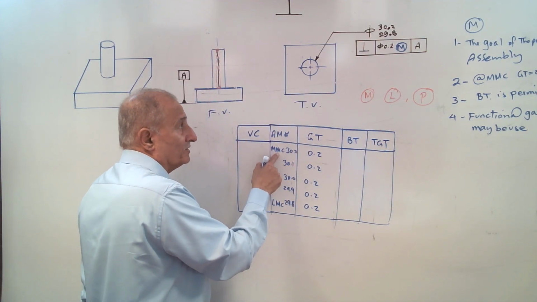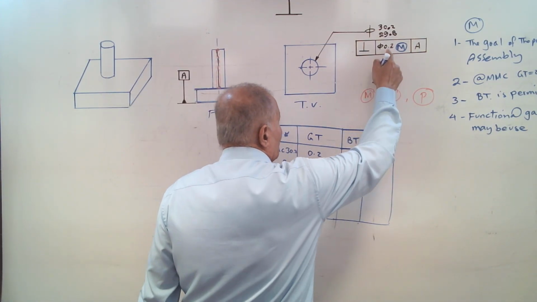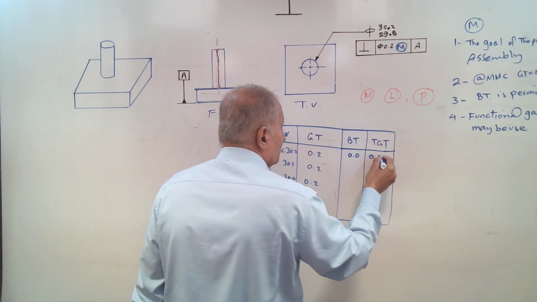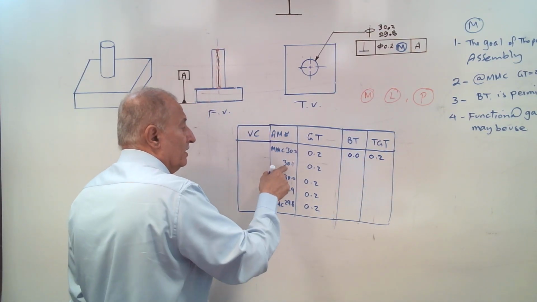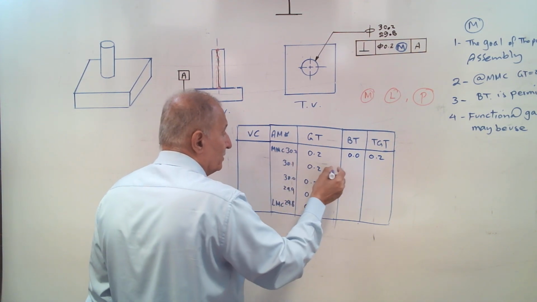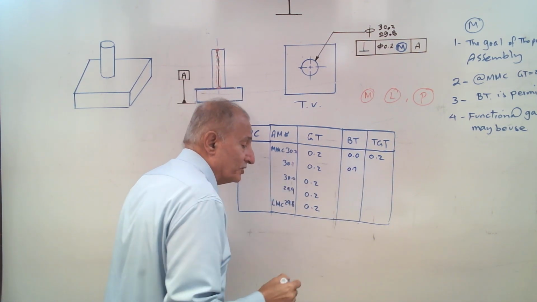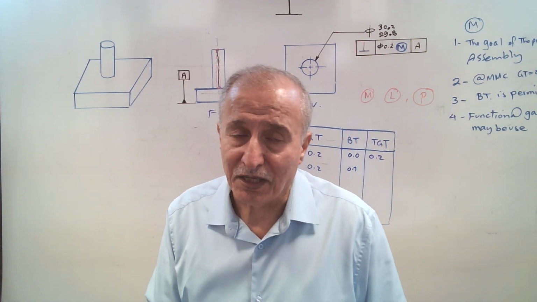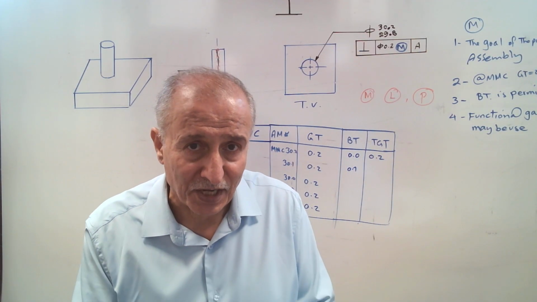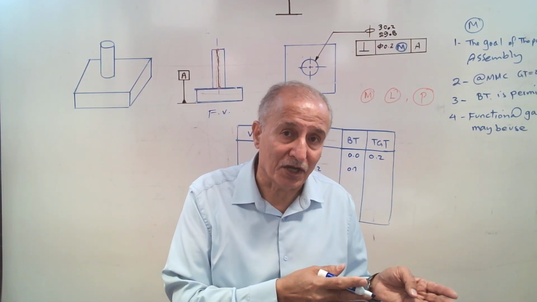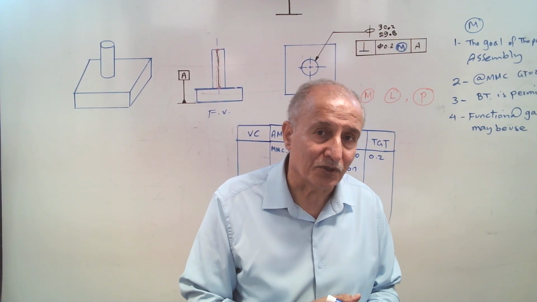At MMC size 30.2, it says that you must use only 0.2, not more, no bonus. Total 0.2. When you depart from the MMC size, how much is the departure? 0.1. That's a bonus. The designer gave this value to the manufacturer. If you produce at a smaller size, the difference between the smaller size and MMC size is a bonus. You can have more error.